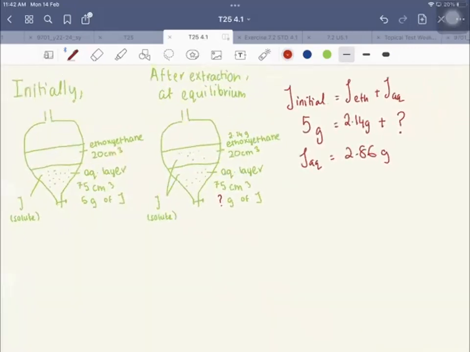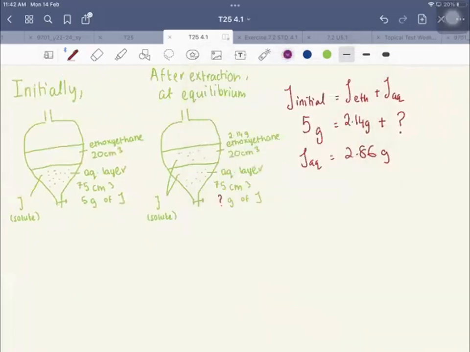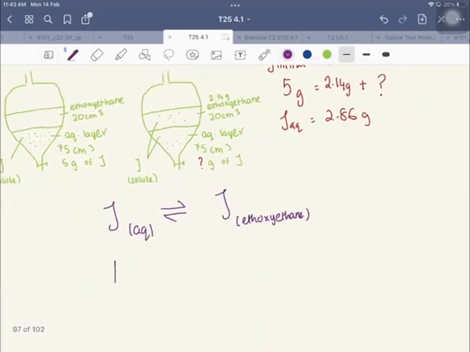And of course, before you write down the KPC expression, you should start with the equilibrium, where J is your solute and it is in equilibrium with the aqueous layer and the ethoxyethane layer, okay, which I have shortened to be ETH. Kpc is equals to the concentration of J in ethoxyethane over the concentration of J in aqueous layer.